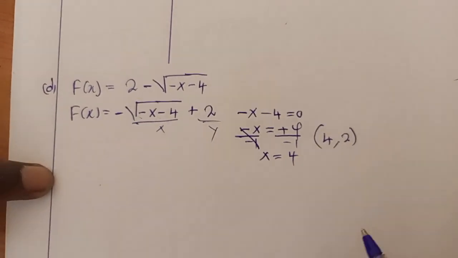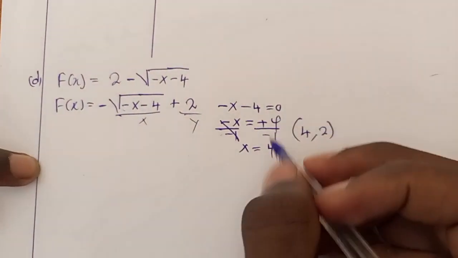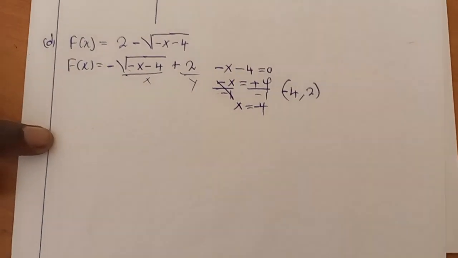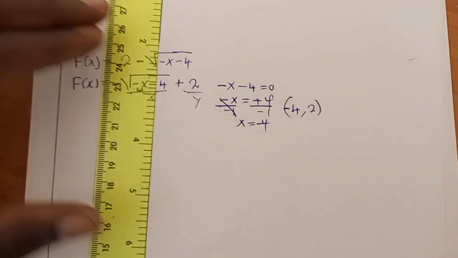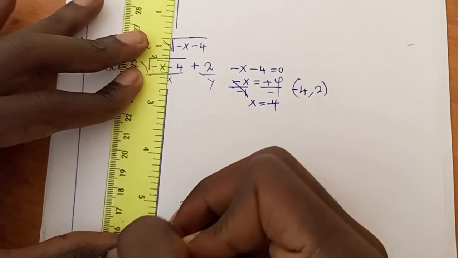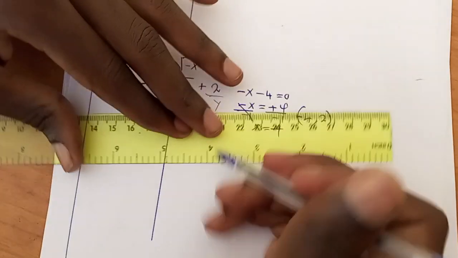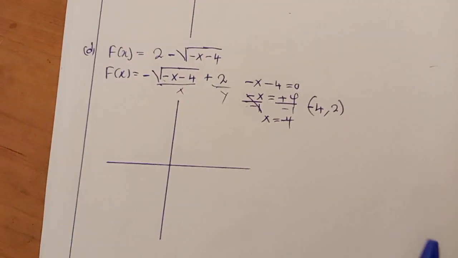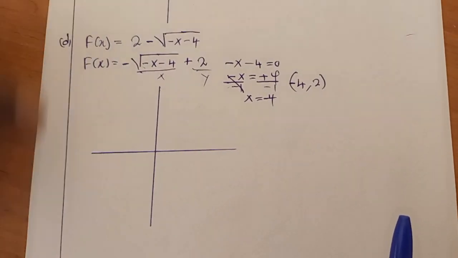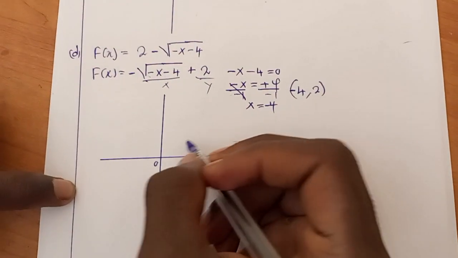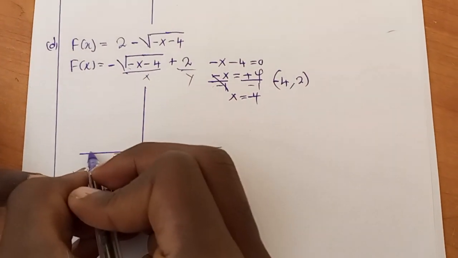Okay, so negative 4. Then we can plot this one, using the same concept. This one becomes your 0. Where's negative 4? Negative 4 in the x is simply this one.